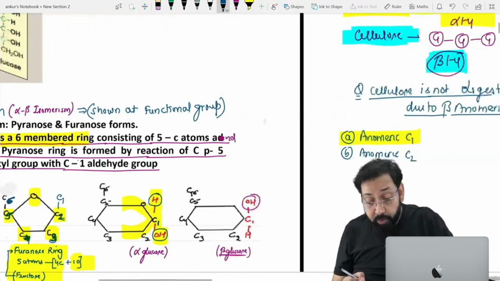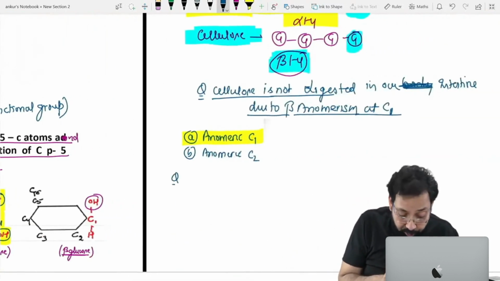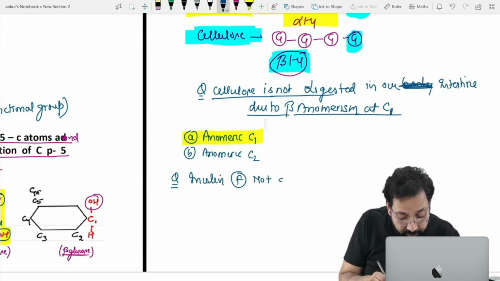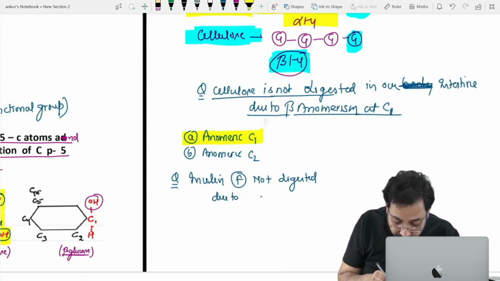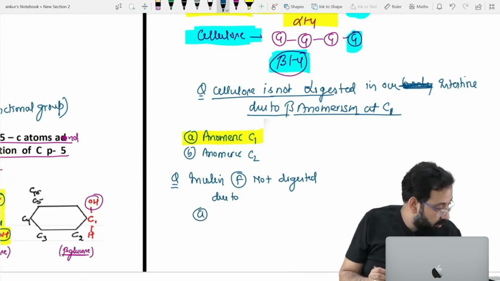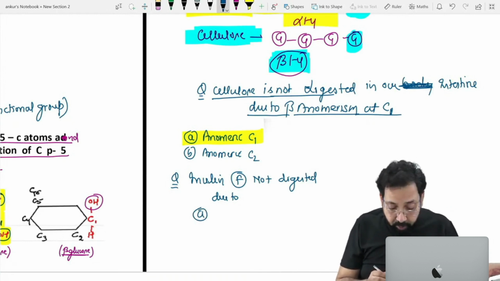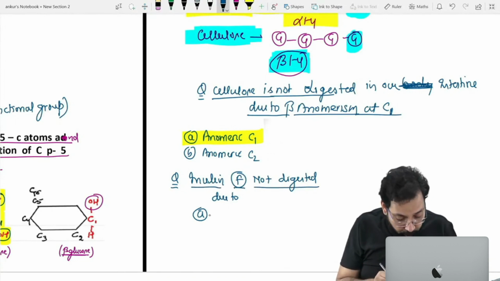C2. So next time in JIPMER, if they ask a question that inulin is a polysaccharide of fructose, not digested due to anomeric, option A, please give the answer. Inulin is a polysaccharide made up of fructose, not digested due to option A, anomeric C1, or option B, anomeric C2.